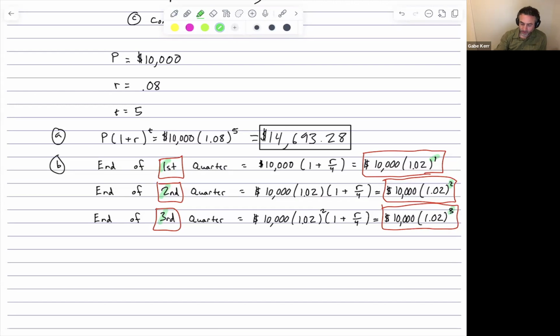The numbers in the exponents match up with the number of the quarter that we're in. So what is going to be the quarter that we're finishing with after 5 years?